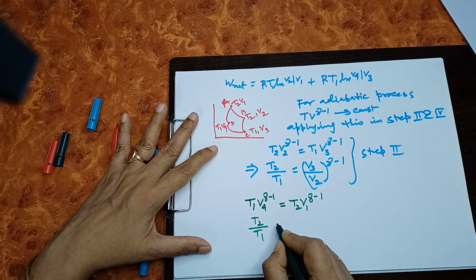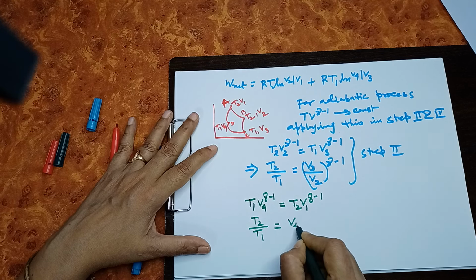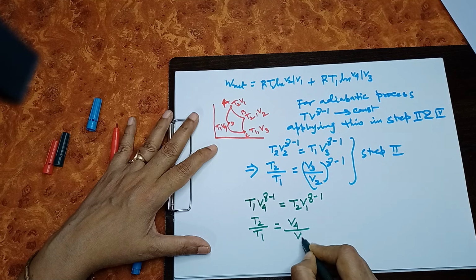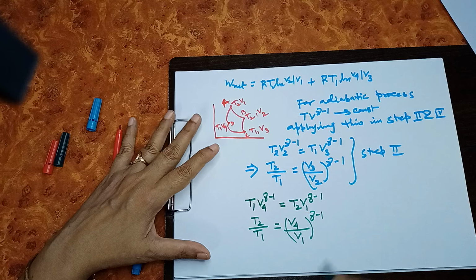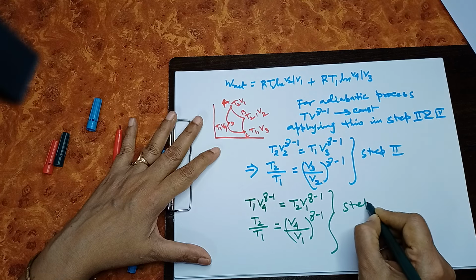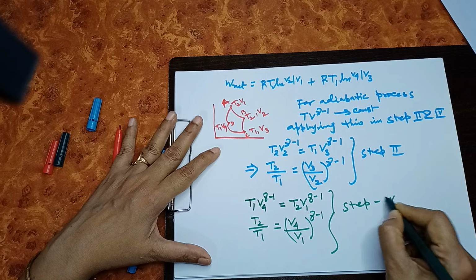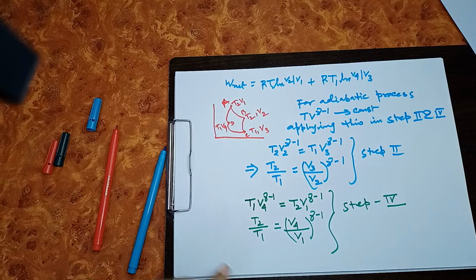T2 by T1 is V4 by V1 to the power gamma minus 1. So this is for your step 4. Right? Now, then what can we write?